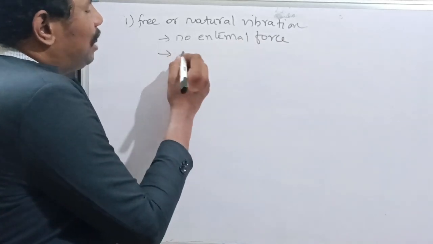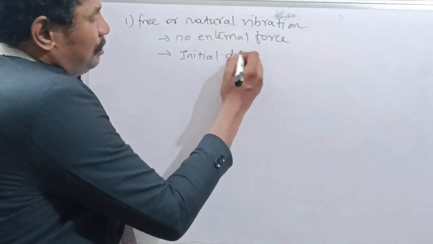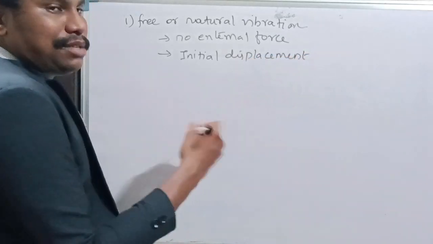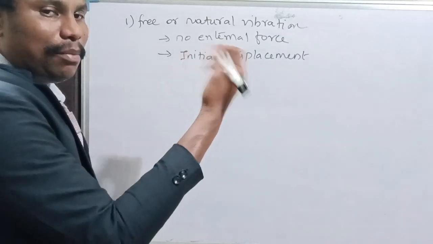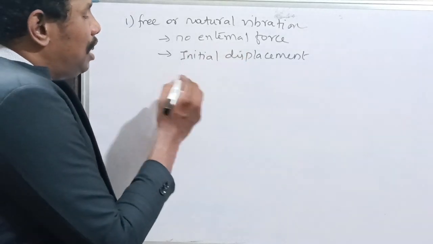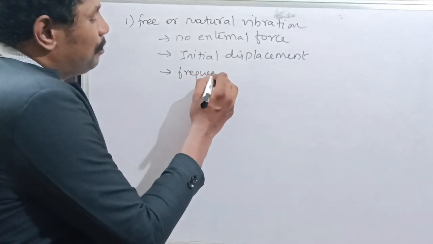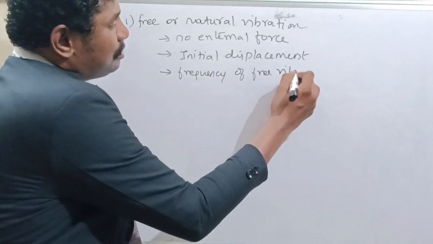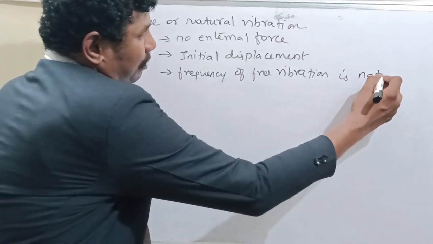But there will be an initial displacement. Initial displacement will be given to the system, and because of that the object will be vibrating about an equilibrium position. In this case, the frequency of free vibration is the natural frequency.